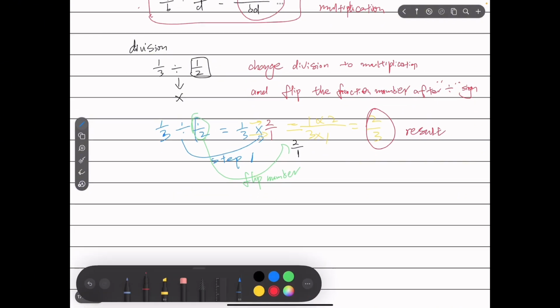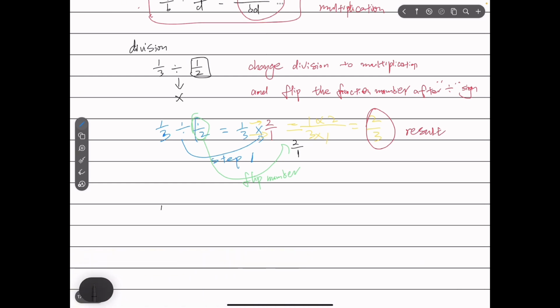Let's do another one. Let's say we have 1 over 13 divided by 2 over 11. We have to change the sign from division to multiplication and flip the number. Step 1, change the sign.